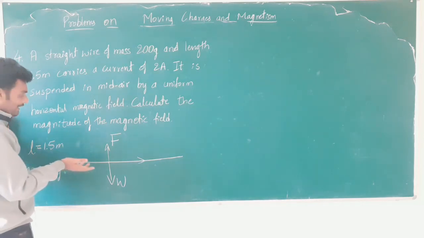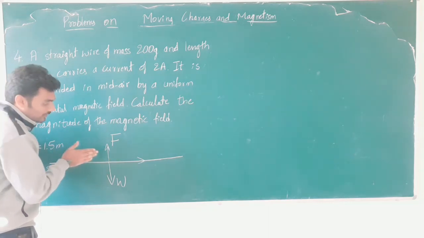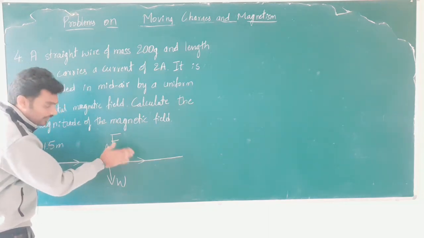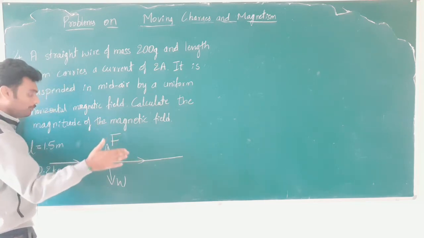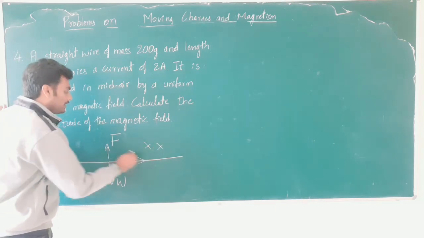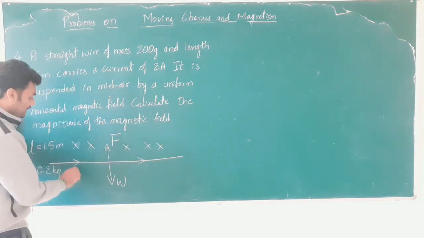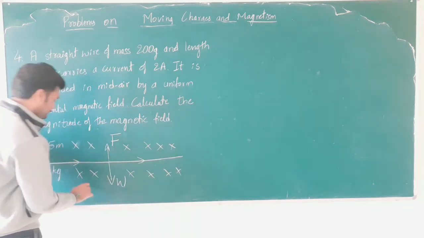So, it is L cross B, which will give us the force. So, since this is L cross B, L cross B should be the force. So, B should be into the board, right. So, this is the external magnetic field in which the conductor is kept.